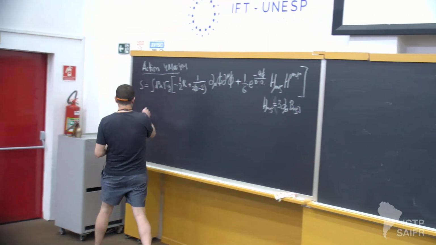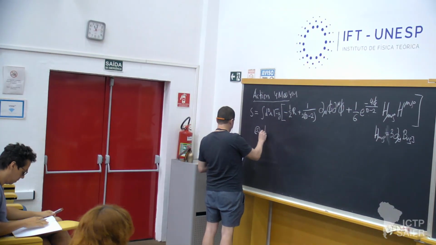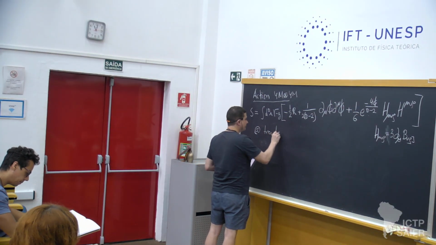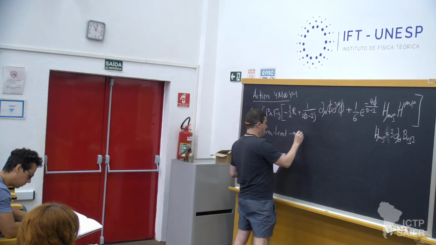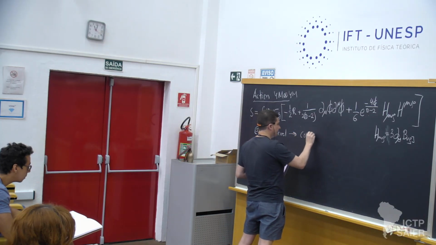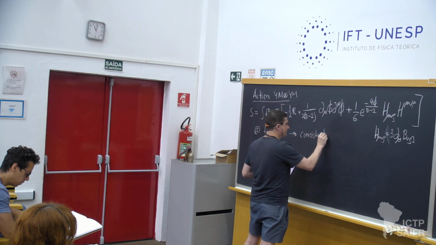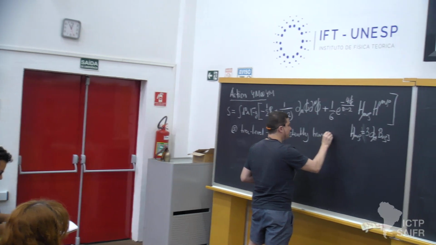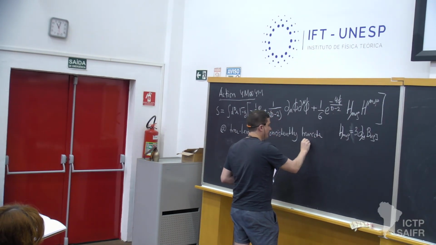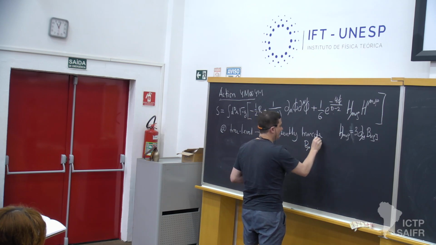Right, so basically the conclusion is that at tree level, you can consistently truncate B and phi.